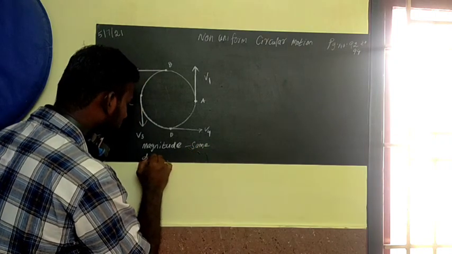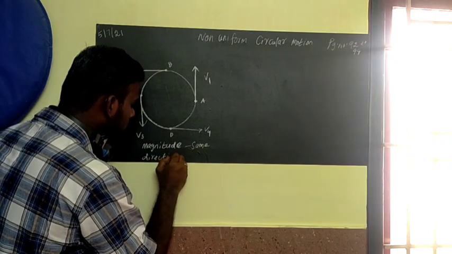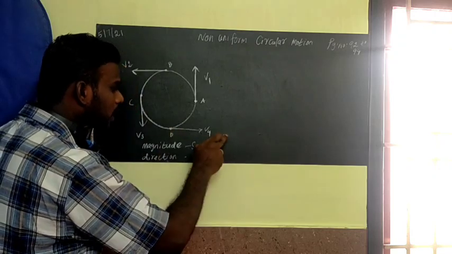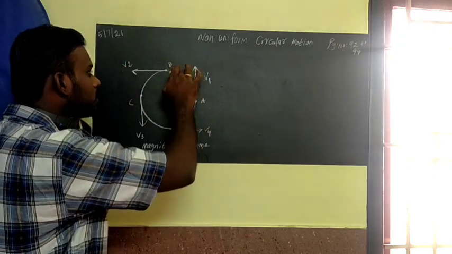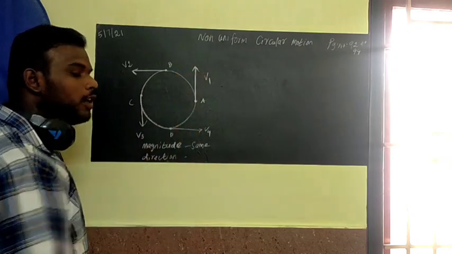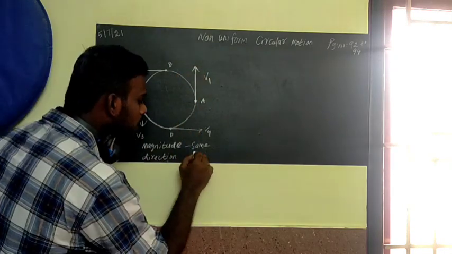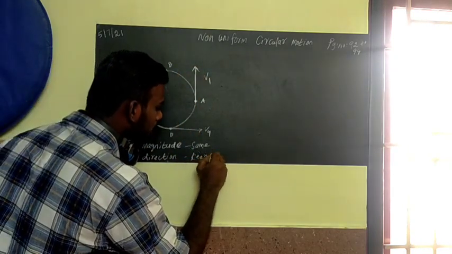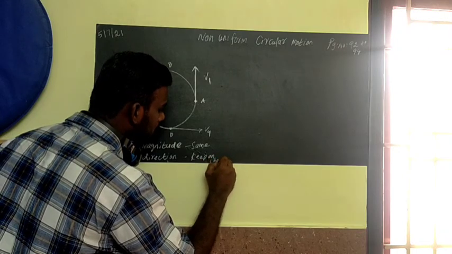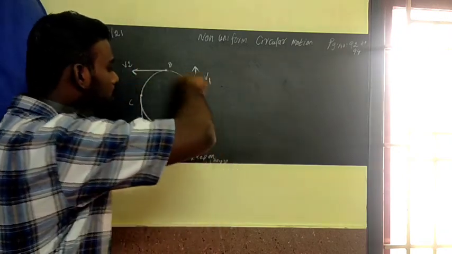What about the direction? Here it is acting along this direction, here along this direction. So at each and every point the direction of velocity keeps on changing. So this is called uniform circular motion.